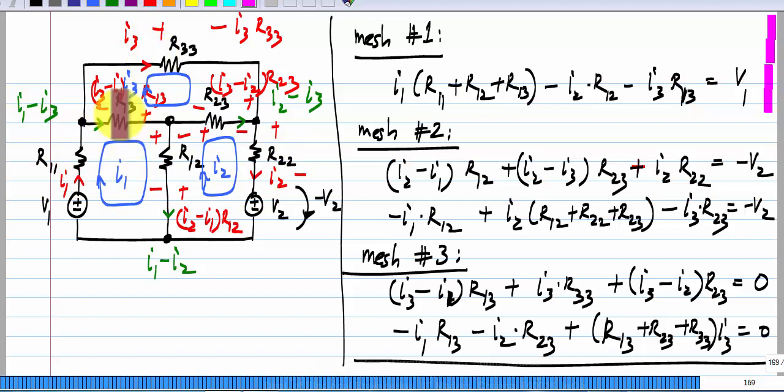Similarly, the current through R13 is I1 minus I3, R12 is I1 minus I2, and R23 is I2 minus I3. So from the mesh currents you identify all the branch currents, and from that you can identify all the branch voltages. Of course, for voltage sources the branch voltage is independent of the current, but in general you get the branch voltages from the currents that you have calculated and the IV relationships of the element.